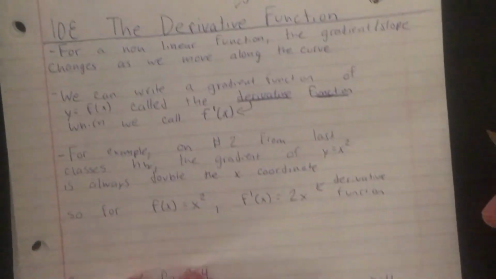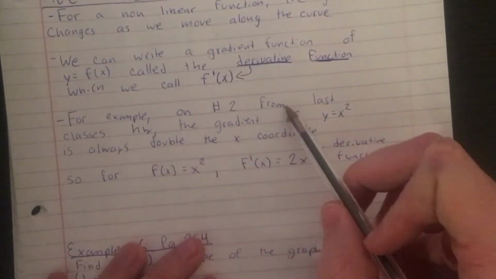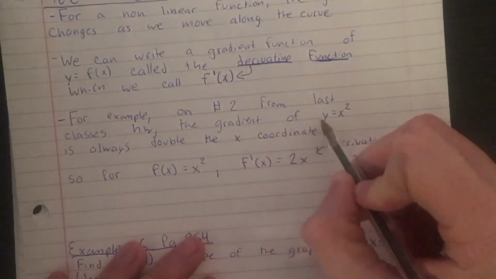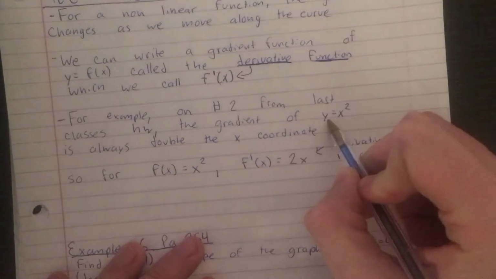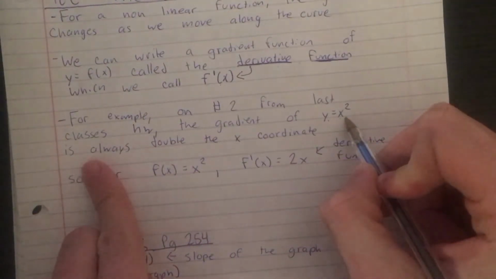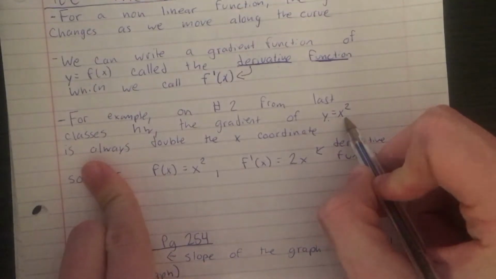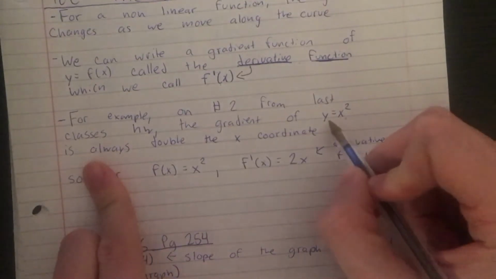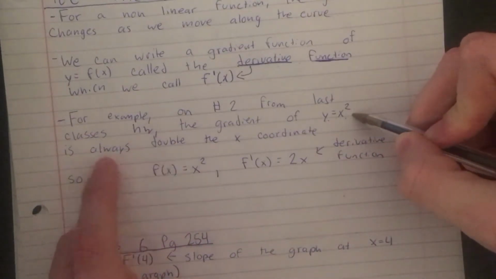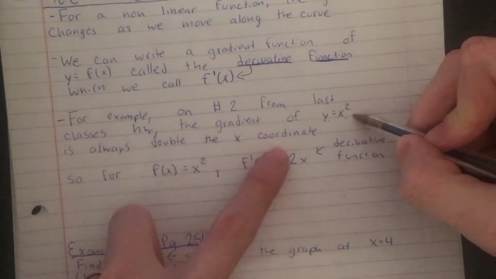Now, on a problem set last class, number 2, we looked and saw that the function was y equals x squared, and you should have gotten that the pattern with the gradient, the pattern with the slope for y equals x squared is that the slope was always double the x coordinate.